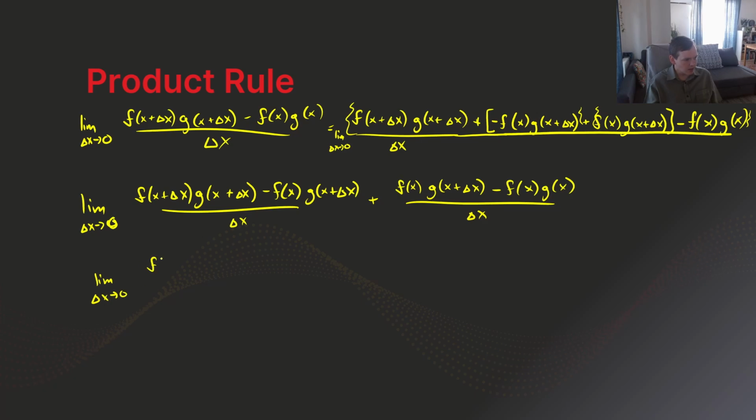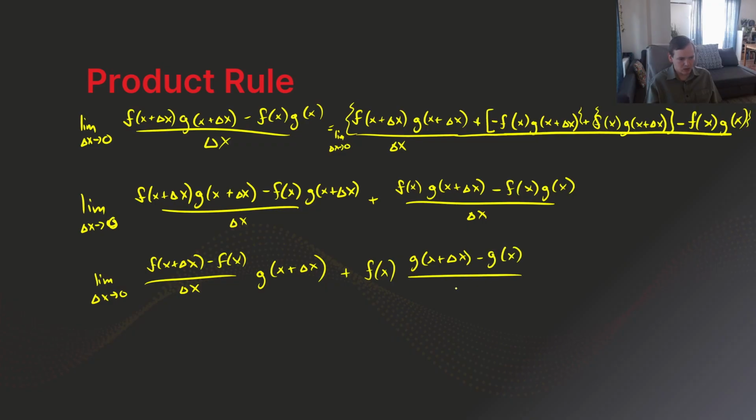So this is f of x plus delta x minus f of x over delta x times g of x plus delta x plus f of x times g of x plus delta x minus g of x over delta x.